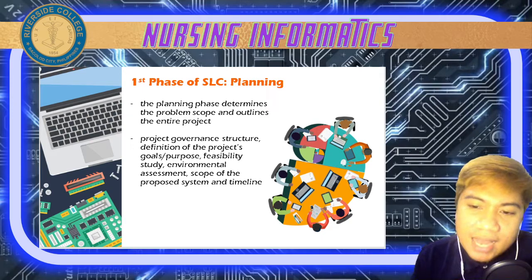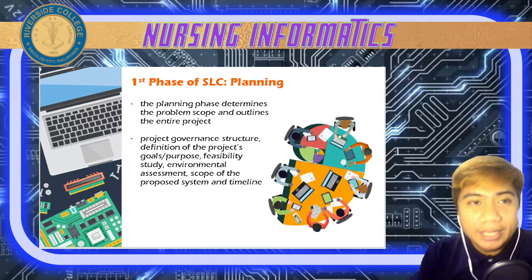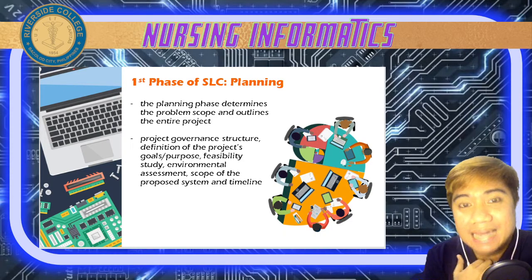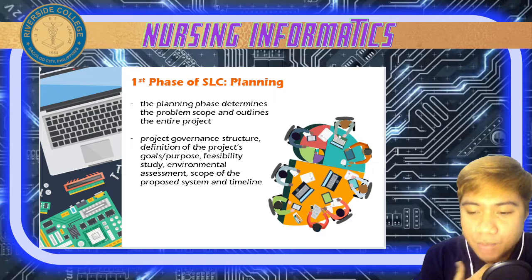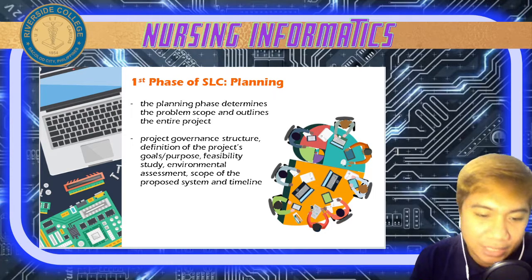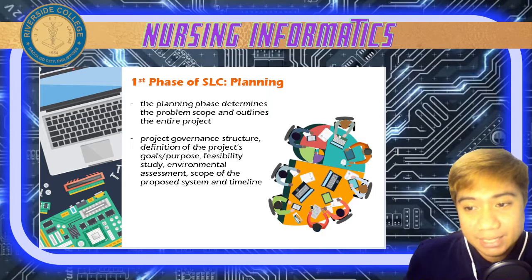We also have, class, your feasibility study. In our planning, we have to have your feasibility study wherein we do your preliminary analysis, to determine if the proposed problem can be solved by the implementation of your electronic health records or component applications.